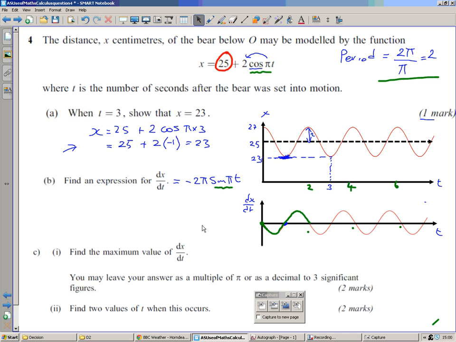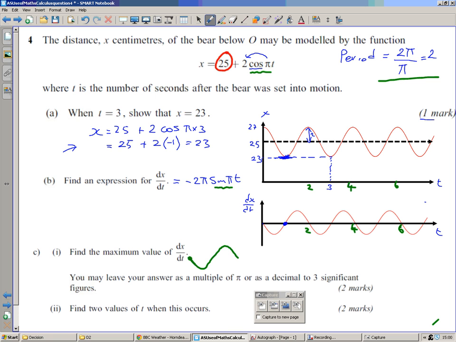So again, just like before, that's got a period of 2, that's got a period of 2, and that's got a period of 2 again. So this number here is 4, that number there is 2, that number there is 4, and that number there is 6.